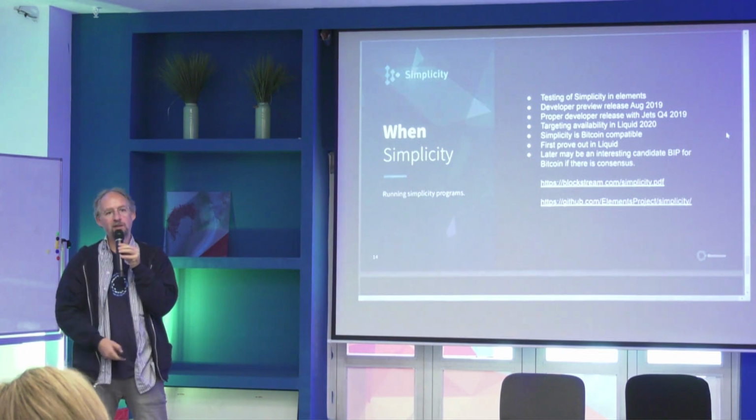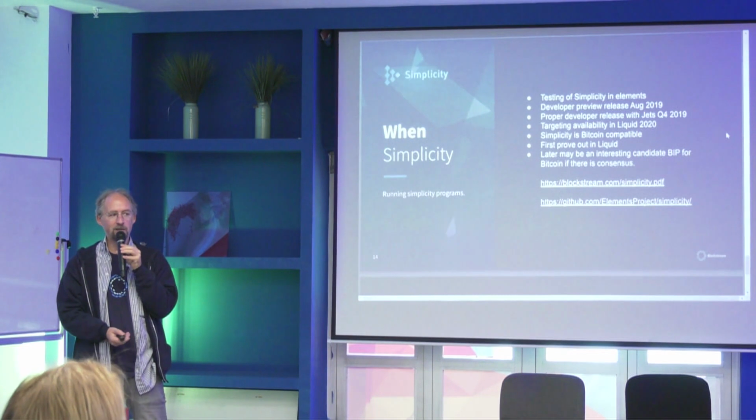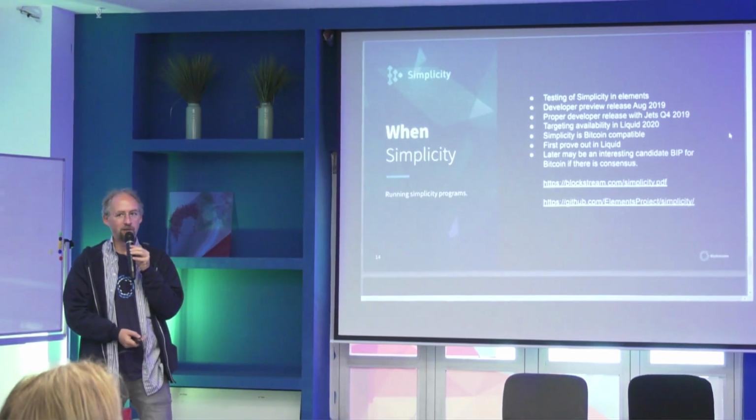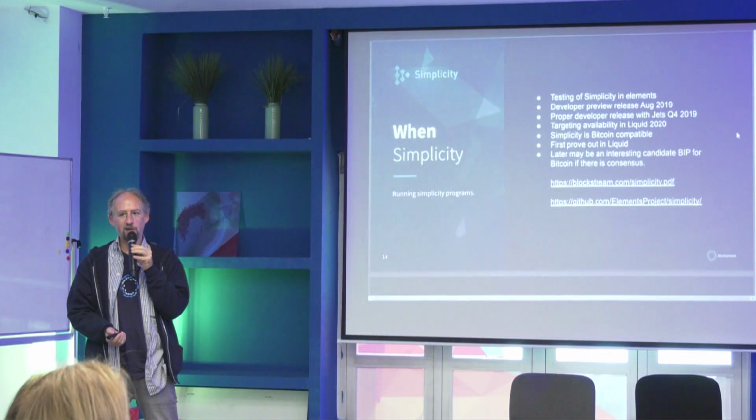So basically, later this year, a second developer release of Simplicity for developers in Elements. Next year in Liquid, so that people can use it in anger. And we'll see what happens after that.